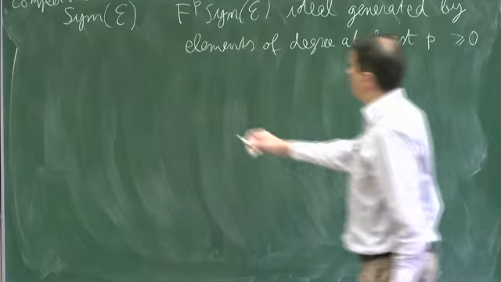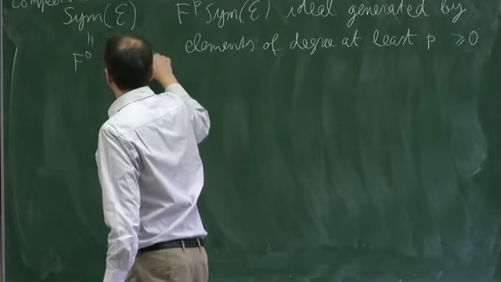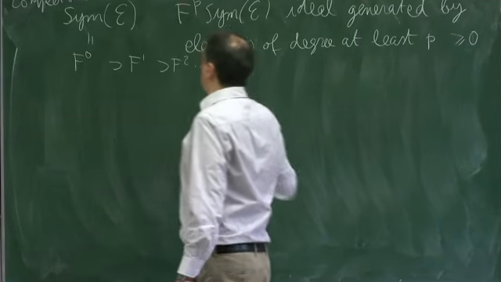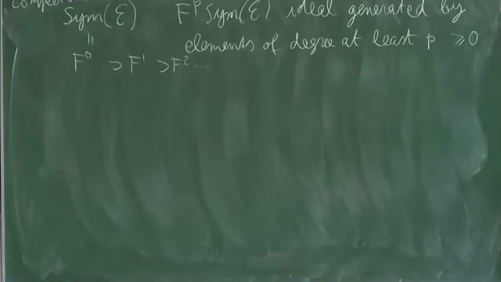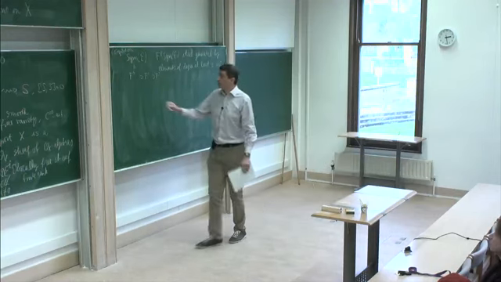So you have F^p, so this is F^0, and it will contain F^1, F^2, and so on. And so we take that filtration, but we have to take it degree by degree.